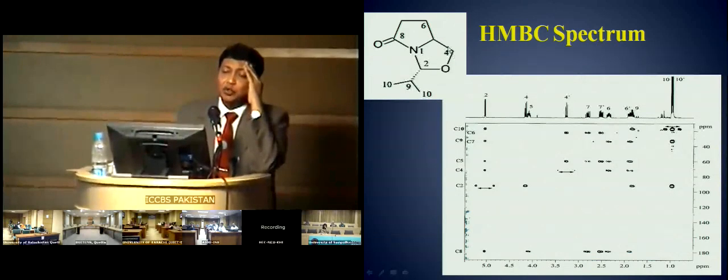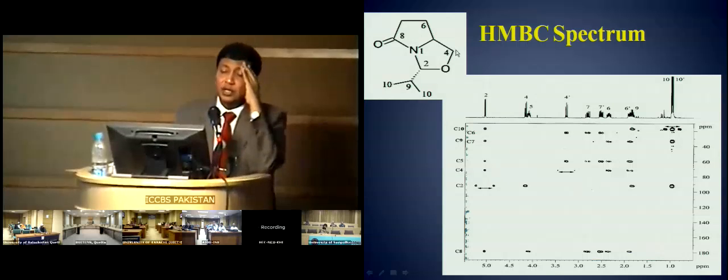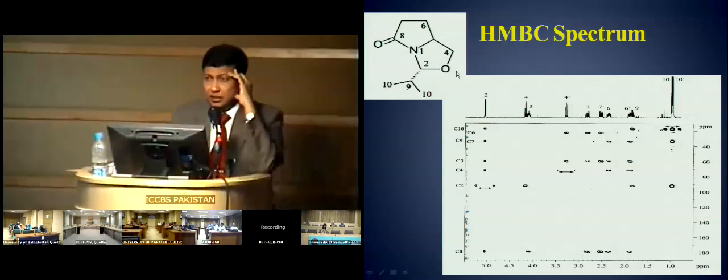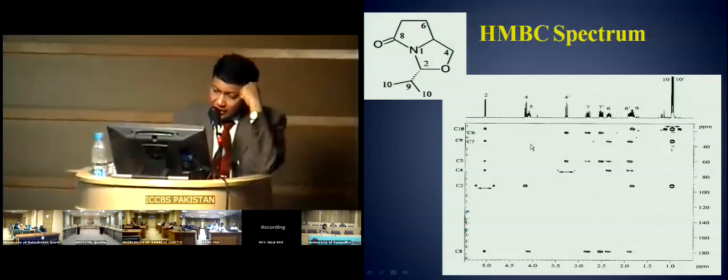In that case, you would have two spin systems. This is one spin system, this is another spin system, and there is the third spin system. You can link this methylene with C6 because the proton of this C4 will show coupling with the carbon and vice versa. You would also be able to see coupling between the proton of C6 and C4. So that's how you link them together.